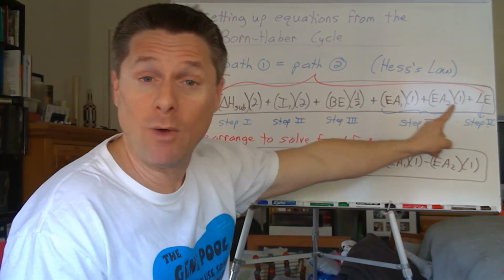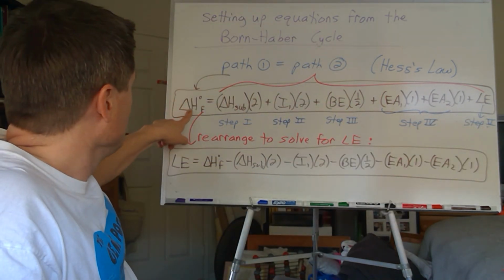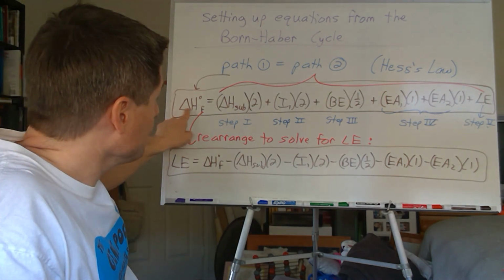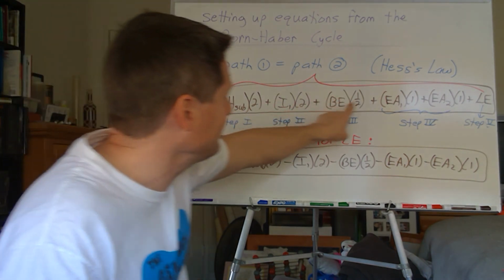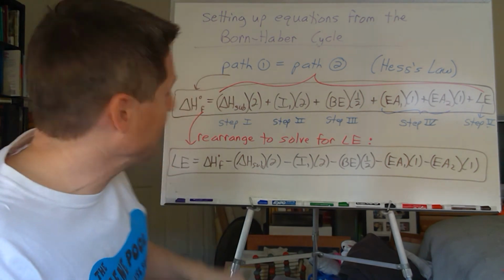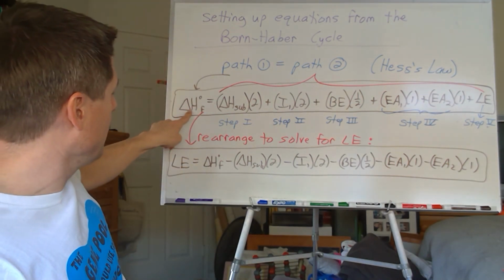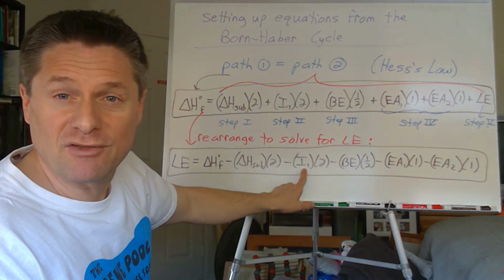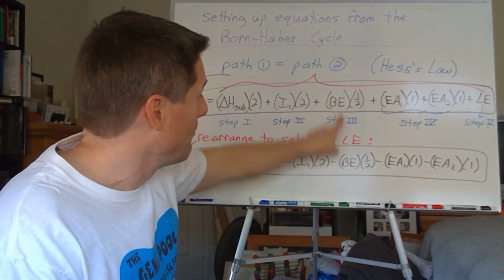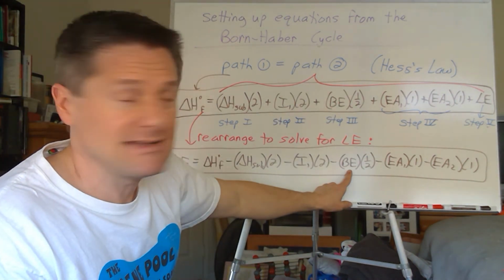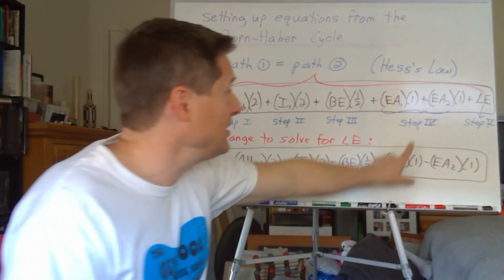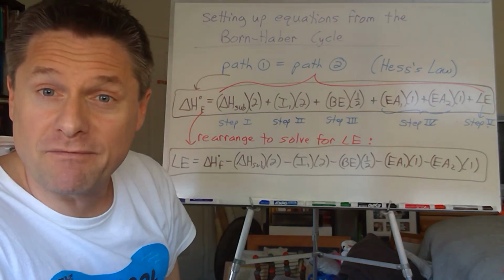Okay? So if we want to isolate the lattice energy, well, lattice energy will just equal the standard heat of formation, right? And then subtract this, and this to isolate lattice energy. So we take the standard heat of formation minus 2 times the molar heat of sublimation, minus 2 times the first ionization energy of silver, minus half the bonding energy for the diatomic oxygen, minus 1 mole times the first electron affinity for oxygen, minus 1 mole of the second electron affinity for oxygen.